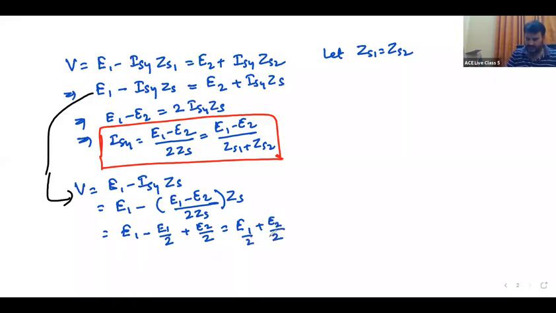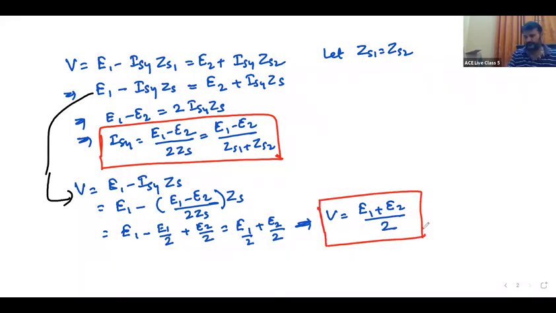Yes. Therefore, from this relation, V is equal to E1 plus E2 by 2.